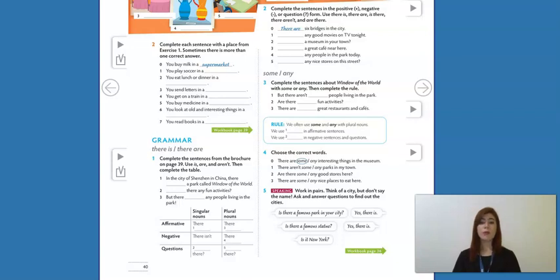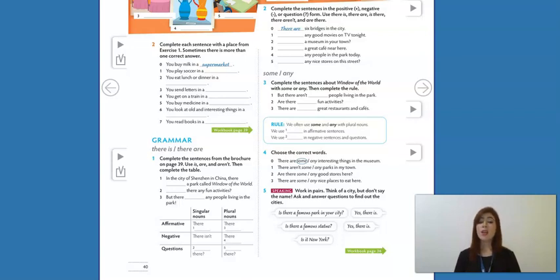Well, first now we will take a look at how to use there is and there are. And for that, I need you to go back to page 39 to read again the text about Window of the World.